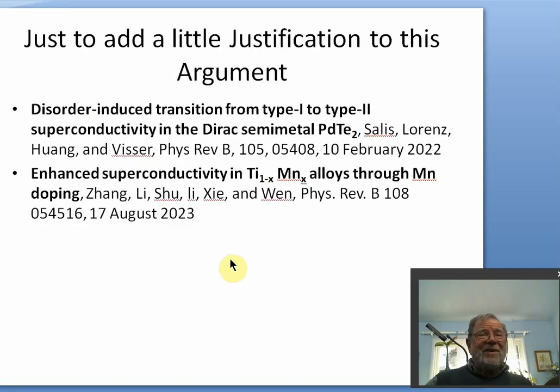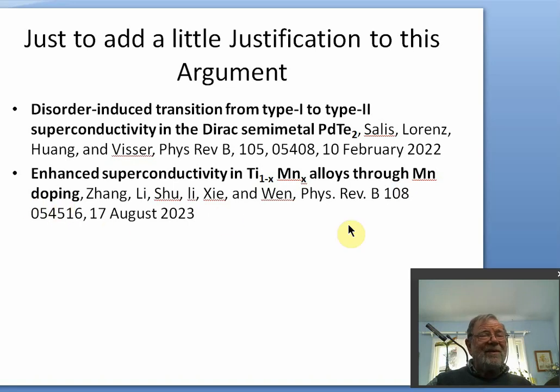Just to add a little justification to this, these are 2 references I discovered recently. The disorder-induced transition from type 1 to type 2 superconductivity in the Dirac semi-metal palladium telluride, and enhanced superconductivity in titanium manganese alloys through manganese doping.